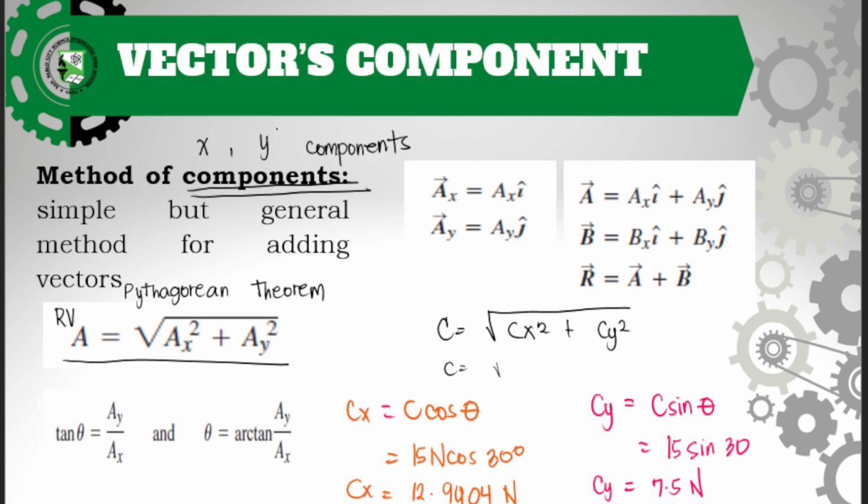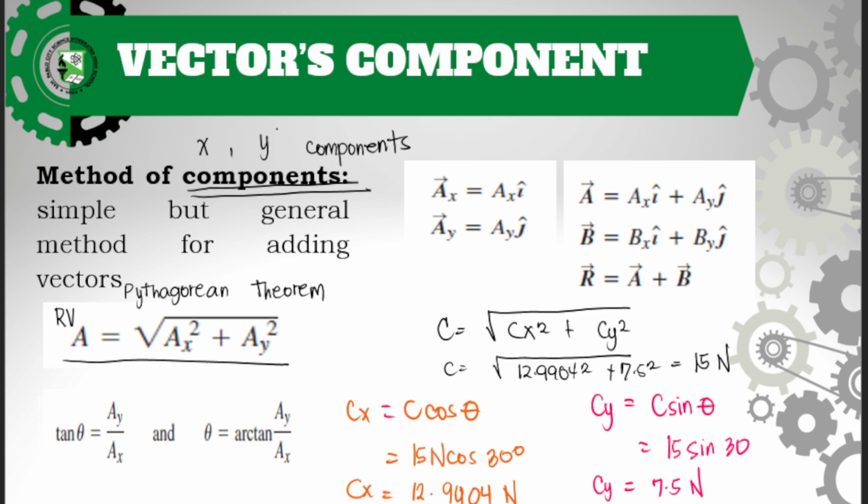C is equal to the square root of 12.9904 squared plus 7.5 squared. So it is approximately equal to 15 newtons.